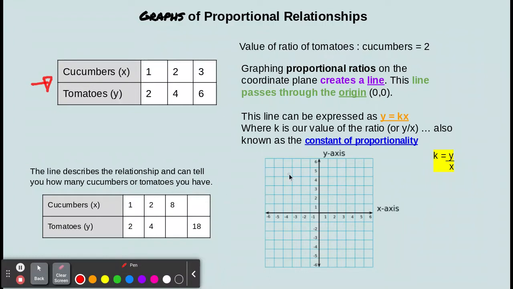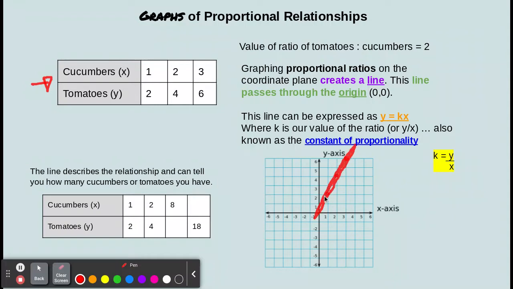We're told that x is cucumbers, y is tomatoes. So let's look at plotting this. Okay, so x is 1, y is 2, x is 2, y is 4, x is 3, 3 cucumbers, 6 tomatoes. Let's connect the dots.